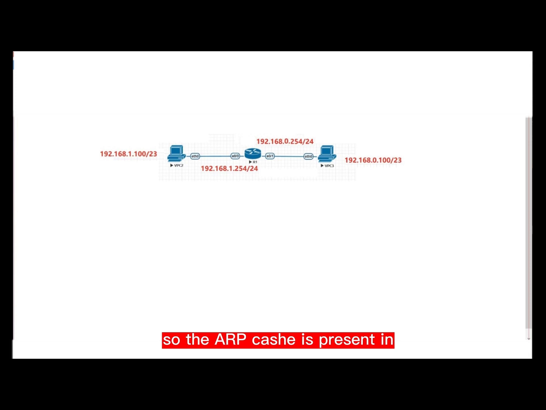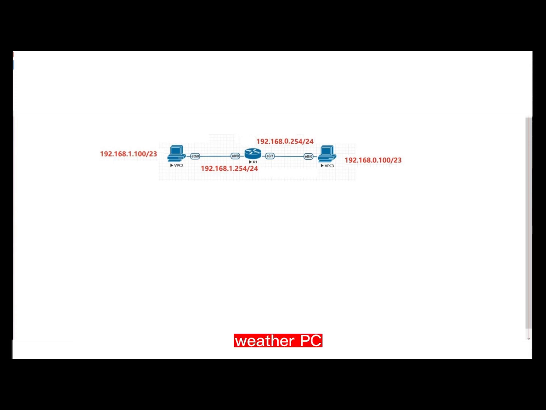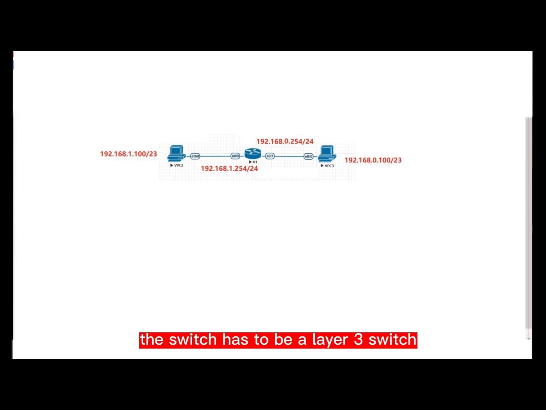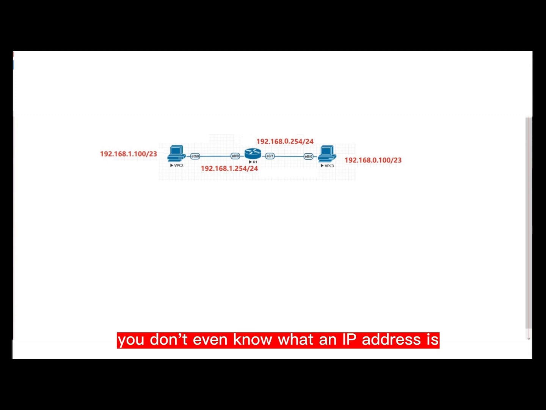So the ARP cache is present on all devices that will communicate over the network. Whether PC, router, firewall, or switch, all have ARP cache. Certainly, the switch has to be a layer 3 switch. Otherwise, you don't even know what an IP address is, and there will be no correspondence between IP and MAC.